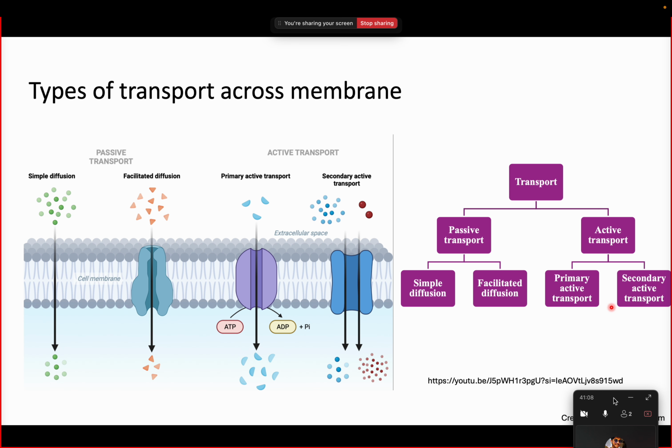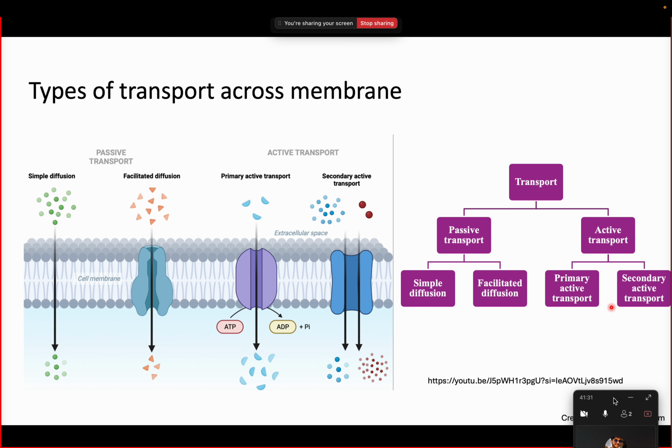On the other hand, another type of active transportation can be understood. For example, we need to transport a molecule which is in lower concentration, right? So definitely we need to have an active transportation because we are transporting from lower concentration region to higher concentration region. So we need energy.